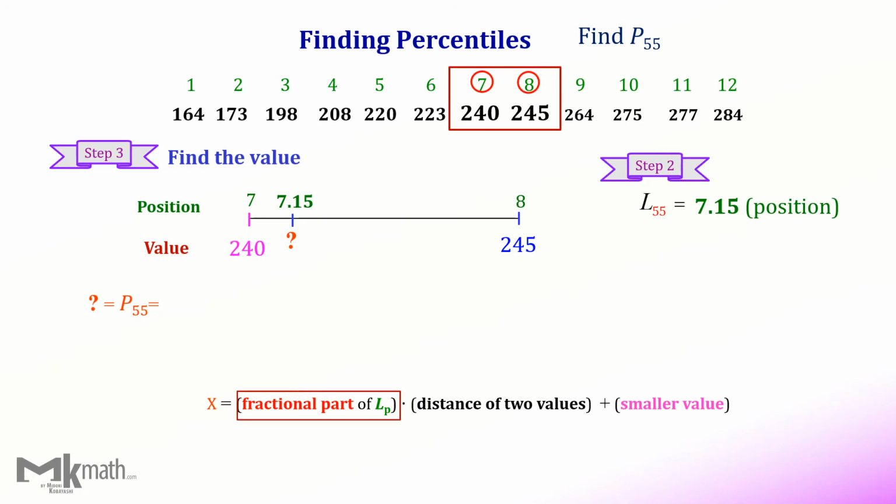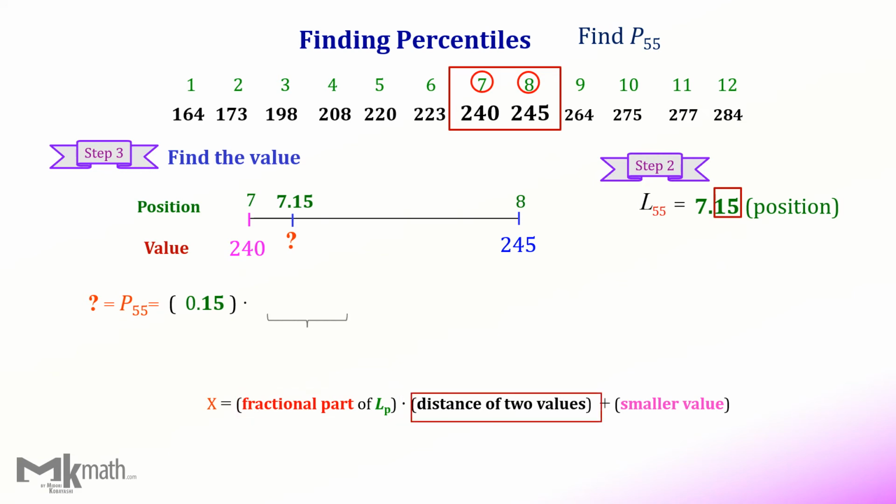Fractional part of the position means 0.15. Distance of two values is larger value minus smaller value, which is 245 minus 240 to get 5.